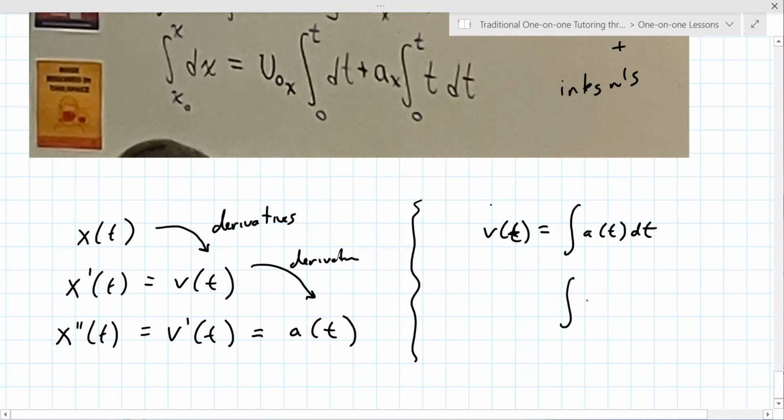The integral of velocity is position. So if you go backwards, it's the integral. And that's what we're trying to show here. If you integrate acceleration, it's like going backwards. If you integrate velocity, you get position.